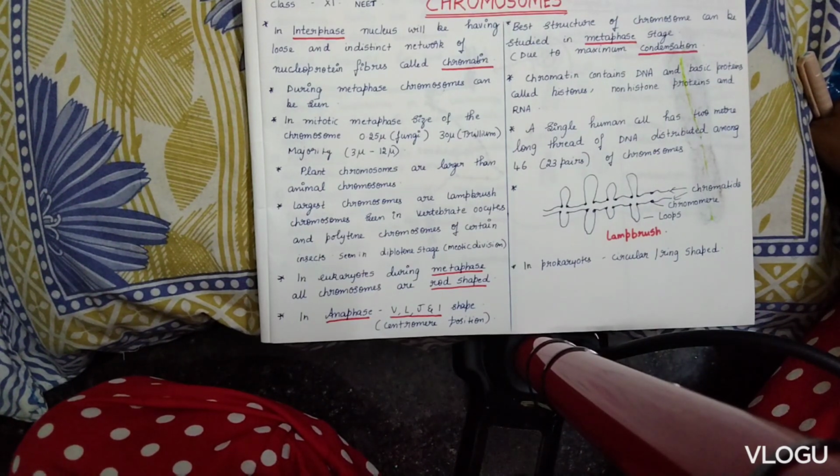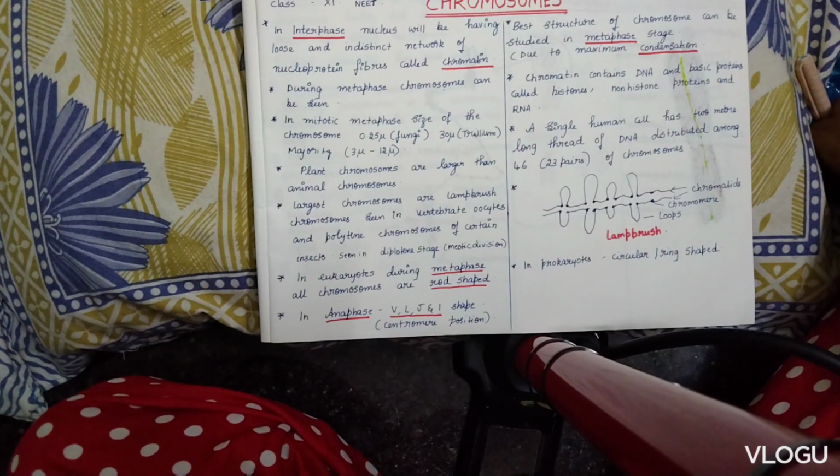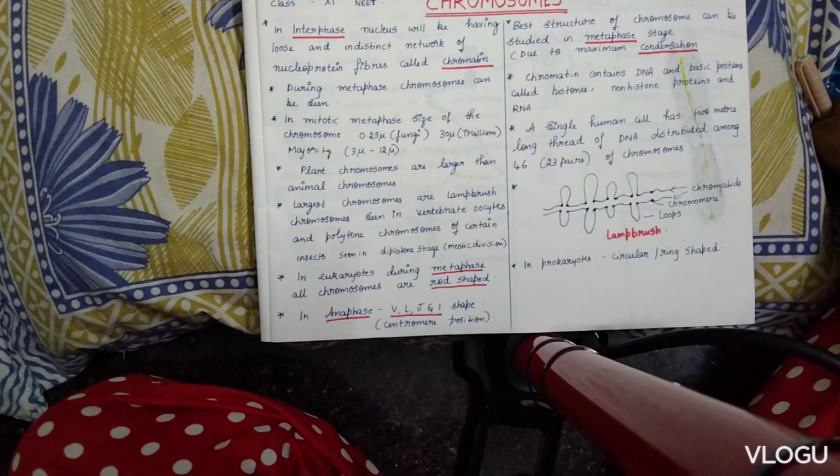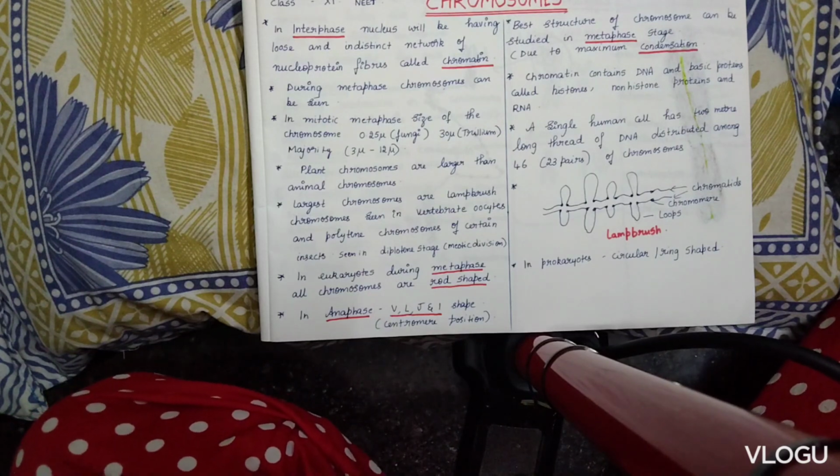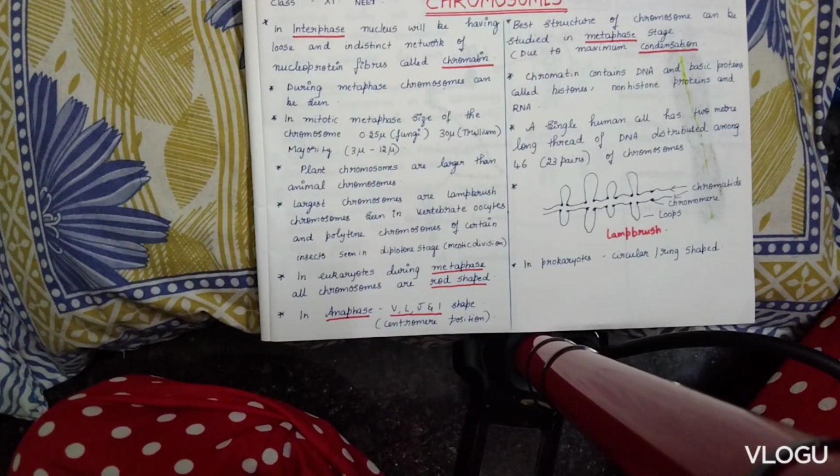The chromatids get separated and move to opposite poles, and they appear in different shapes: V, L, J and I. While learning the types of chromosomes, you will learn these shapes, which are based on the position of the centromere.